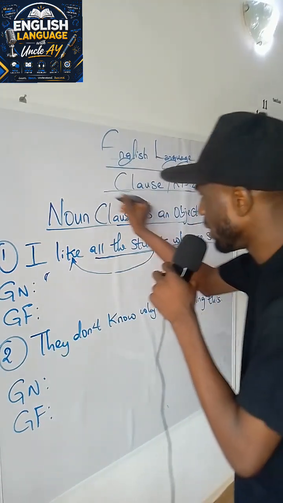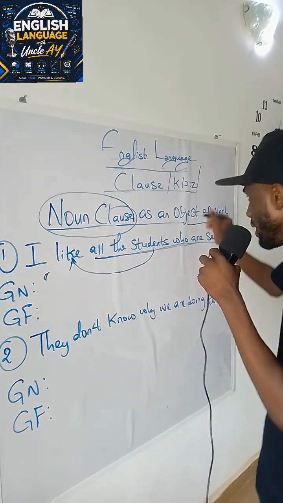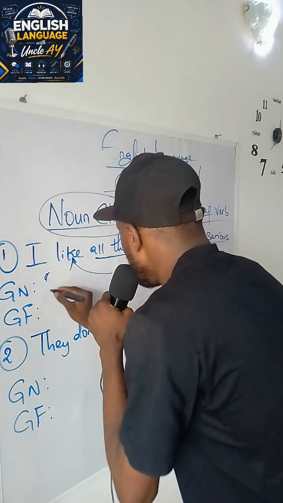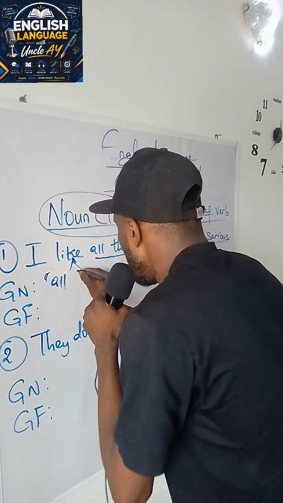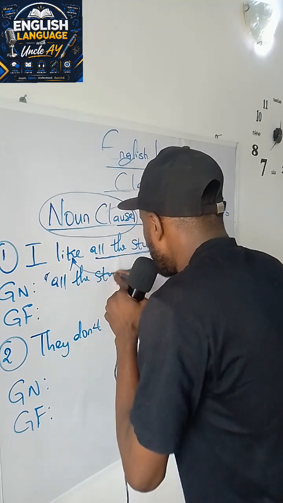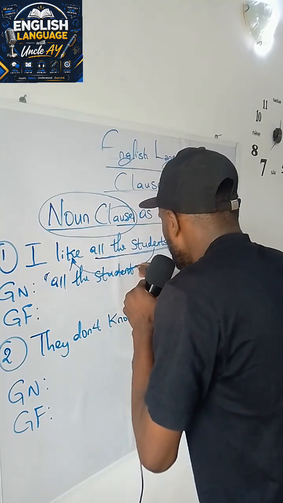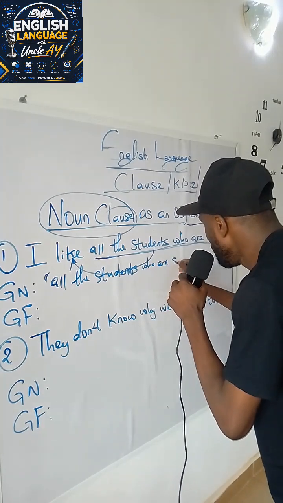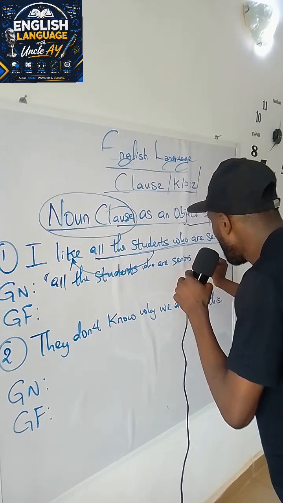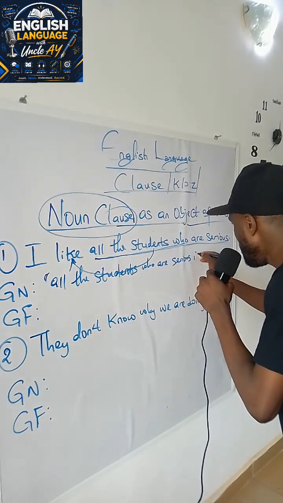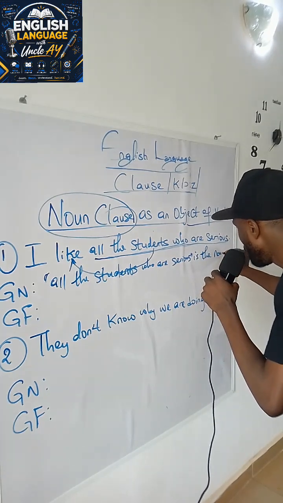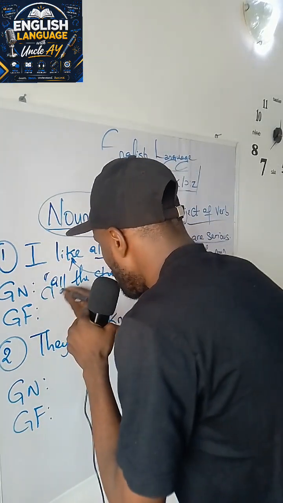Since we know that it's a noun clause, and the clue here says from the objective point of view, then we have it to be "all the students who are serious." Close quote. That is the noun clause.